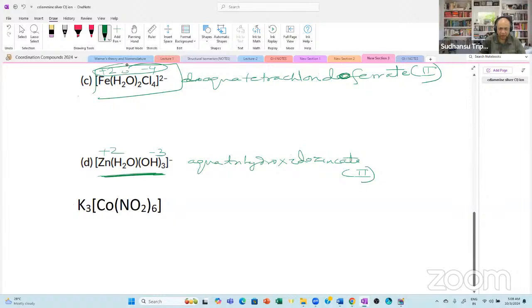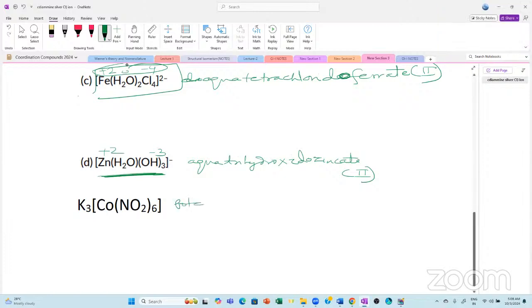And finally, what we commonly call potassium cobaltinitrite, which is a yellow precipitate. For the test for cobalt 2+, we shall be doing it vigorously in analytical chemistry. And also for the potassium ion, the confirmatory test is this yellow precipitate. What is the IUPAC name of this yellow precipitate?